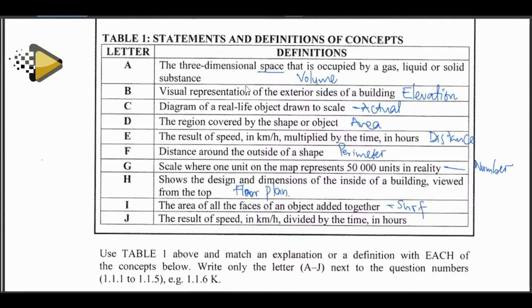Total surface area. Then the result of speed in kilometers divided by time. It has never existed. Speed divided by time does not work out that way. And also this one here, it does not make sense. Okay.